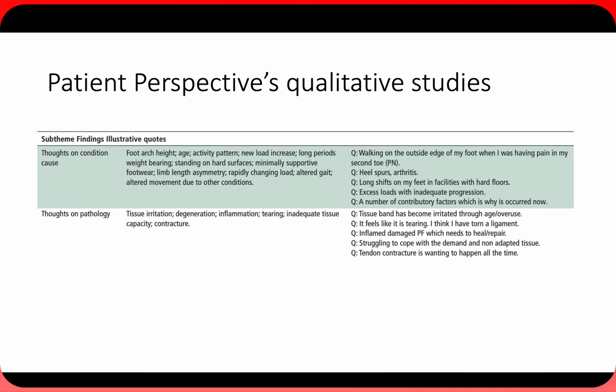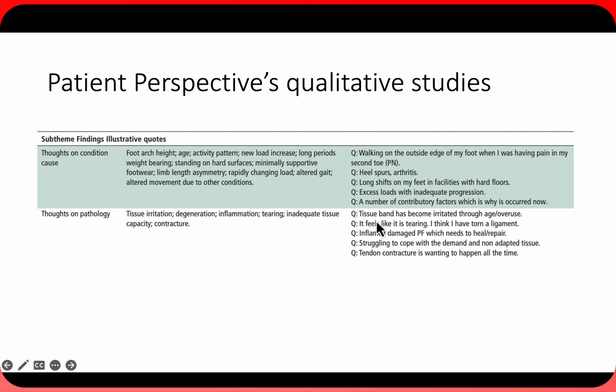And so this is qualitative data on what patients are thinking about when they start to have plantar fasciitis, and what they relay in qualitative interviews. You can see some of their comments here on the right. Some of them are very anatomically focused. They talk about heel spurs and arthritis, the cause of it with long shifts and standing on their feet, excessive loads, things like that.